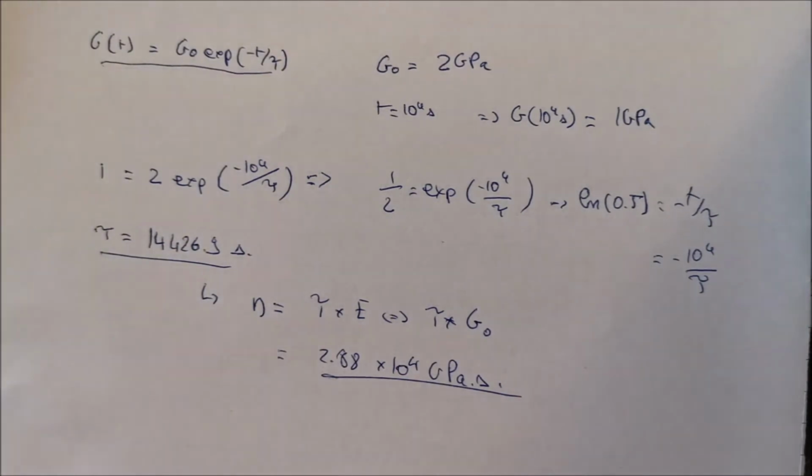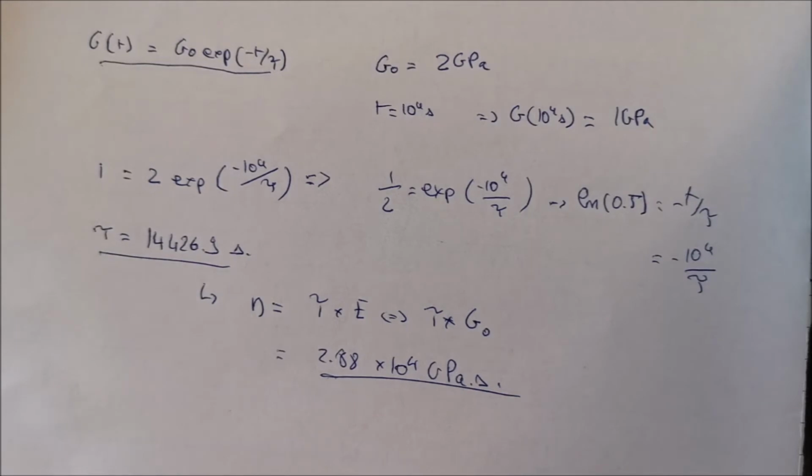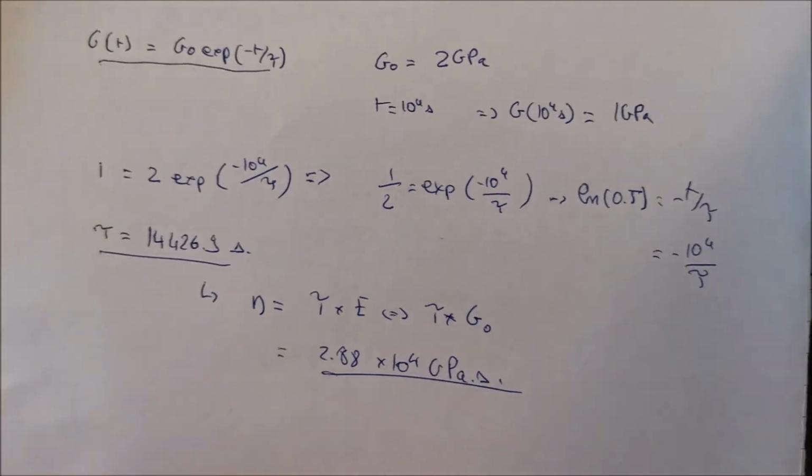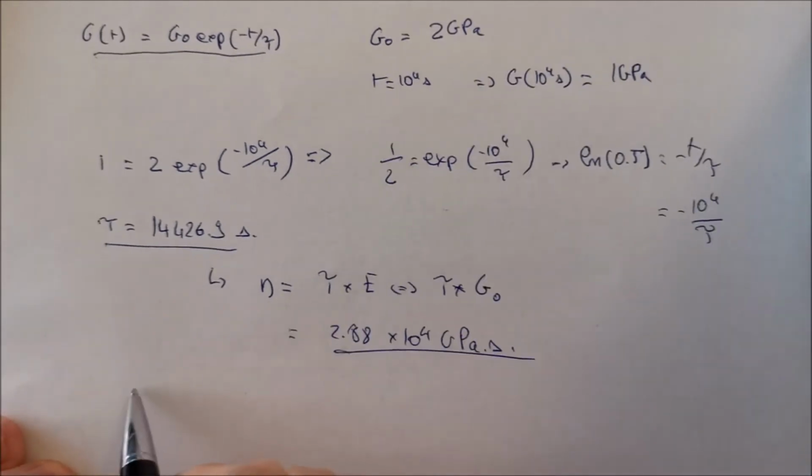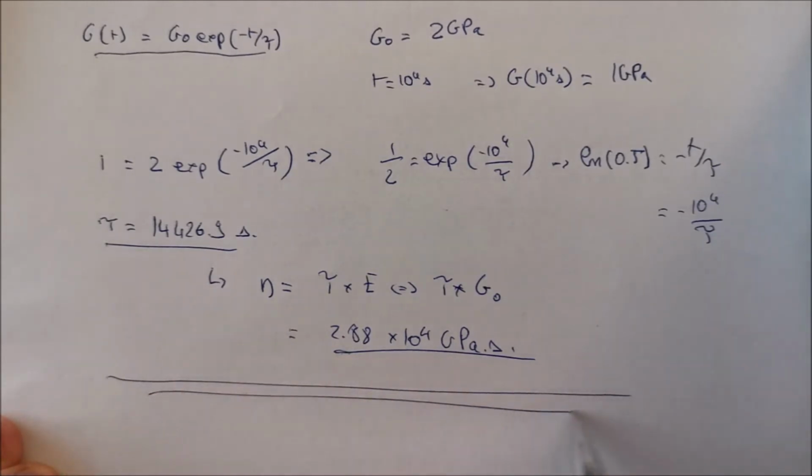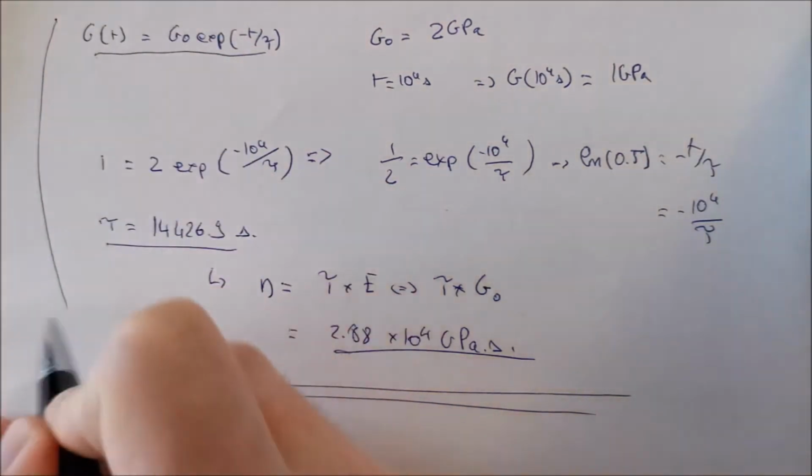So the question reads as: derive for this biopolymer its creep compliance and evaluate the strain 1000 seconds after the rapid application of a stress of 100 MPa. So if we were to look at this system, here we are working in stress relaxation.